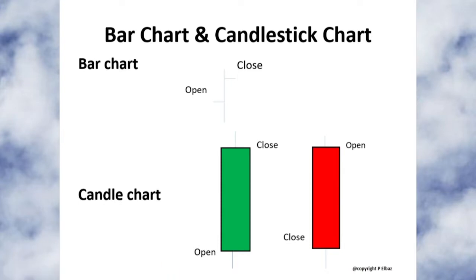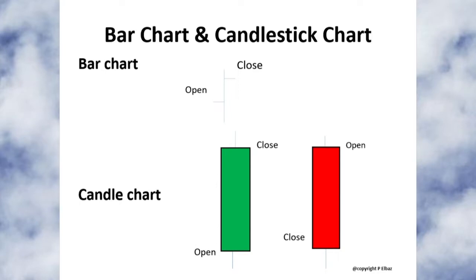Now if you look at the bar chart at the top and the candle underneath it, you can see quite clearly it's more visual. So what we have is the body of the candle. The body is the difference between the open and close, and that's why it's called a candlestick. It looks like a candlestick. And then you see the upper and lower shadows, which show you the high and the low.